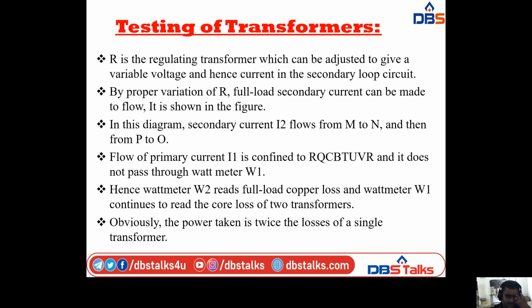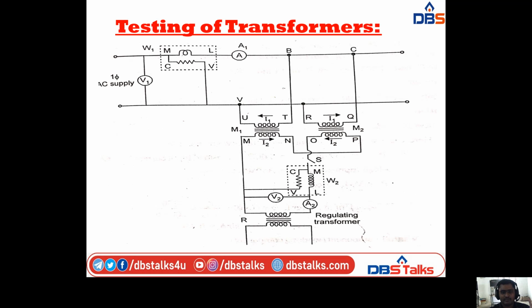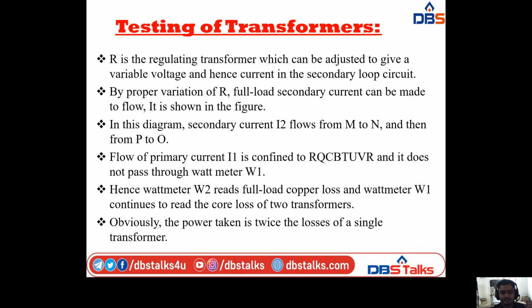The flow of primary current, that is I1, is confined to the path through the terminals we are using in the diagram, and it does not pass through wattmeter W1.